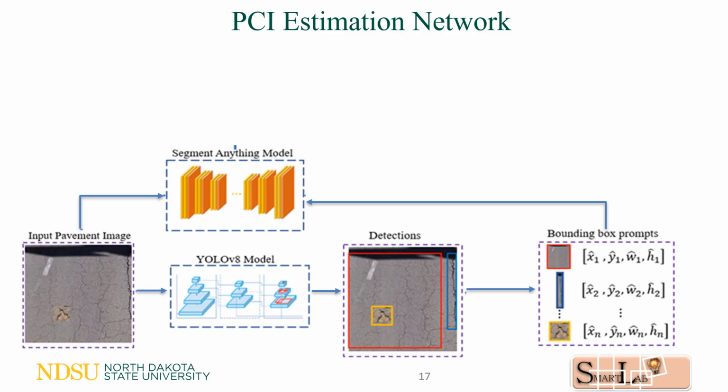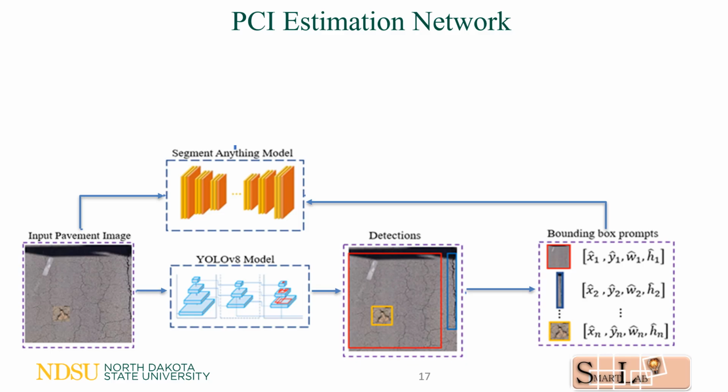Now Segment Anything Model, which is called SAM, is a zero-shot state-of-the-art segmentation model which doesn't need training. So you can just give it the pavements and, let's say, add bounding boxes as prompt, and then it will be able to segment and tell you the distresses or where the distresses are located or outline the distresses in the image.